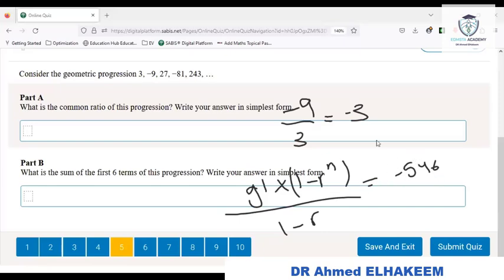This is not right. No, that one is equal. So you will substitute the numbers, and you get negative 5, 4, 6.